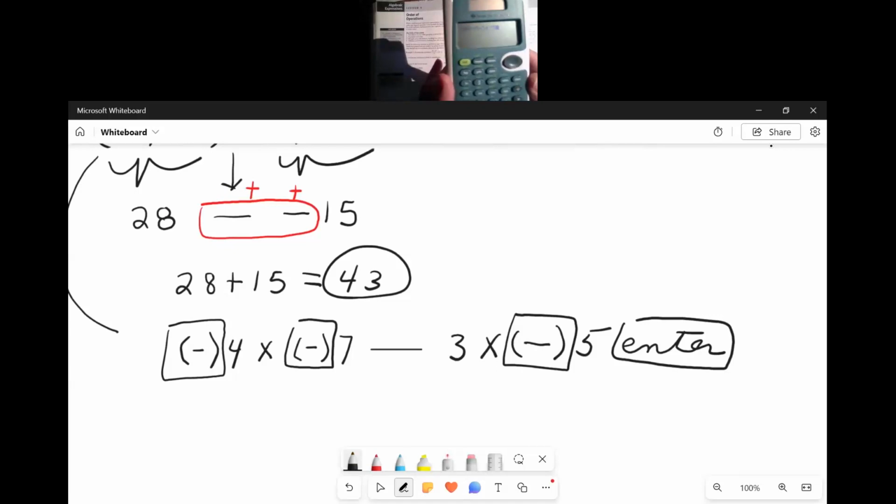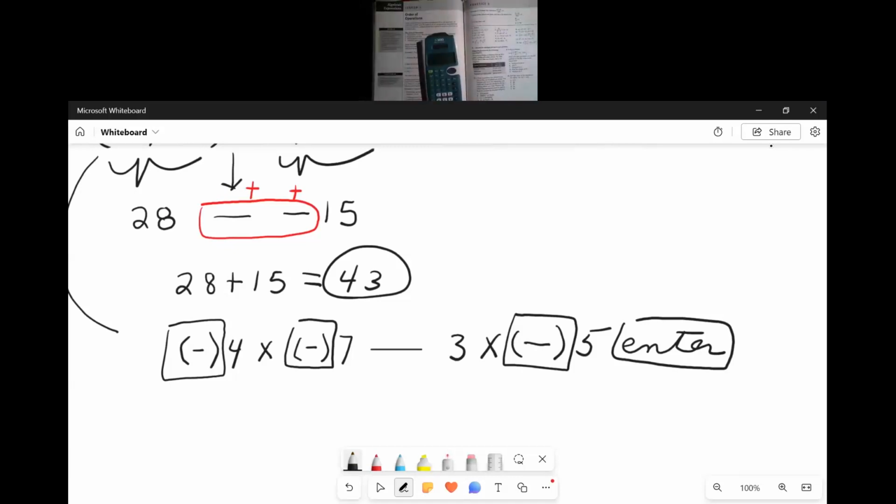Negative 4 times negative 7 minus 3 times negative 5, and enter, and hopefully we'll get that 43. We got the 43. There you have it. So 43 is the final answer.